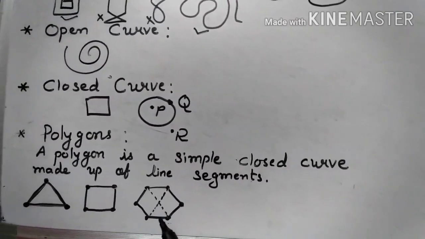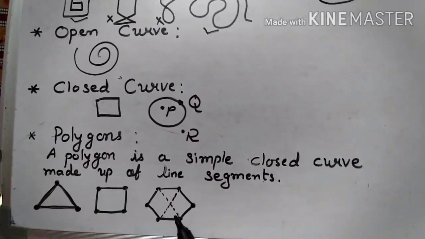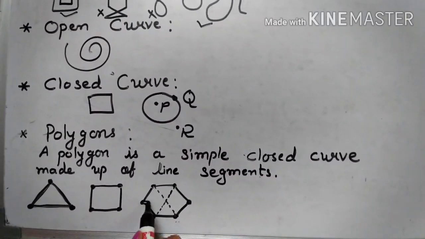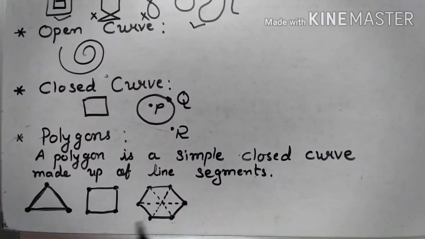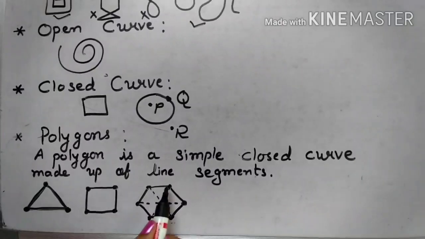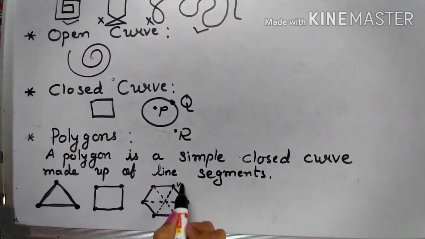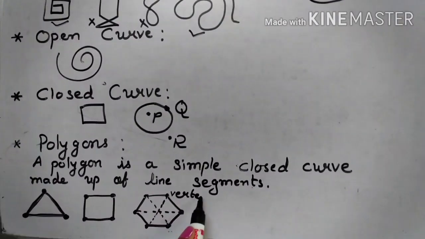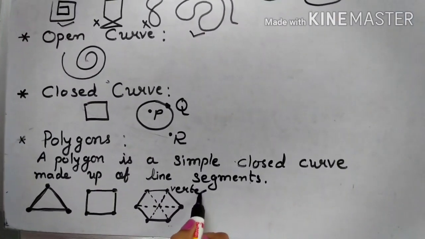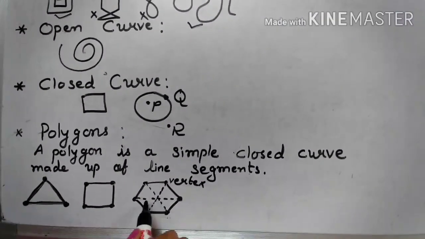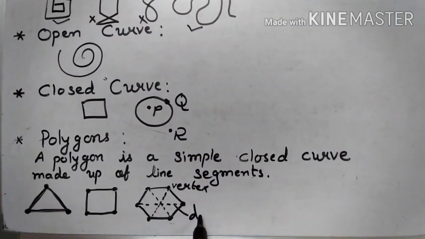This is called a diagonal of a figure. You can say that this is a diagonal and these are the vertices. This is a vertex of the given figure and this is called a diagonal.